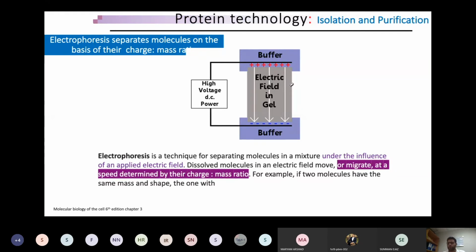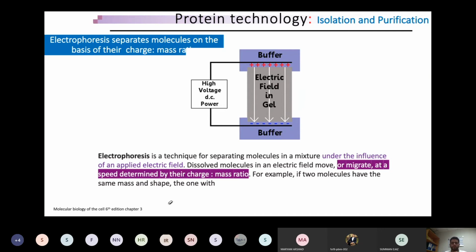When you do this technique, you normally treat proteins with SDS, and this SDS gives maximum charge to all proteins. So no matter whether the protein was positively charged or negatively charged, they all have the same charge now. So that is why the charge does not matter anymore, and now it is the mass that is playing a much better role.